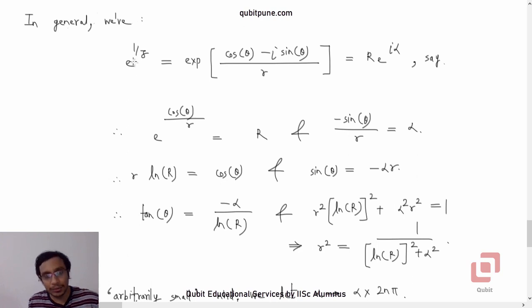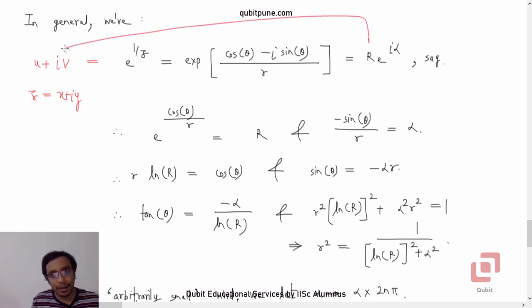Let us assume that e to the power 1 upon z is in the form uppercase R times e to the power i alpha, and for z let us use lowercase r times e to the power i theta, the conventional notations.